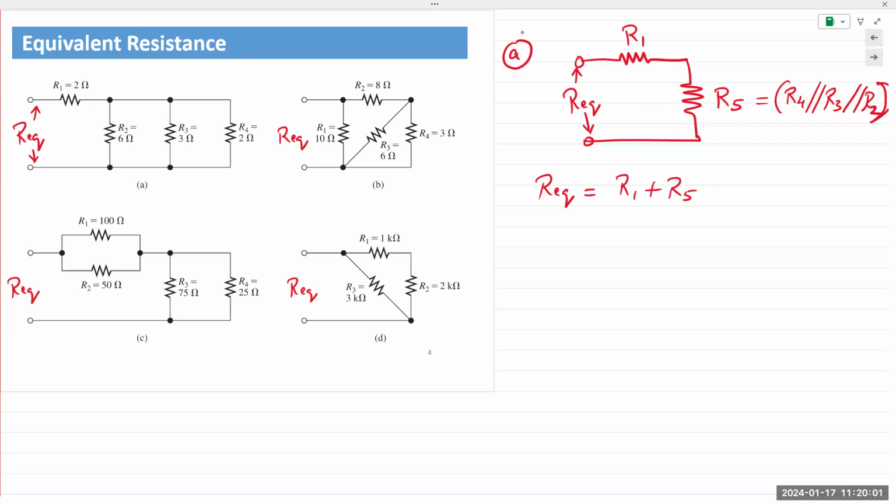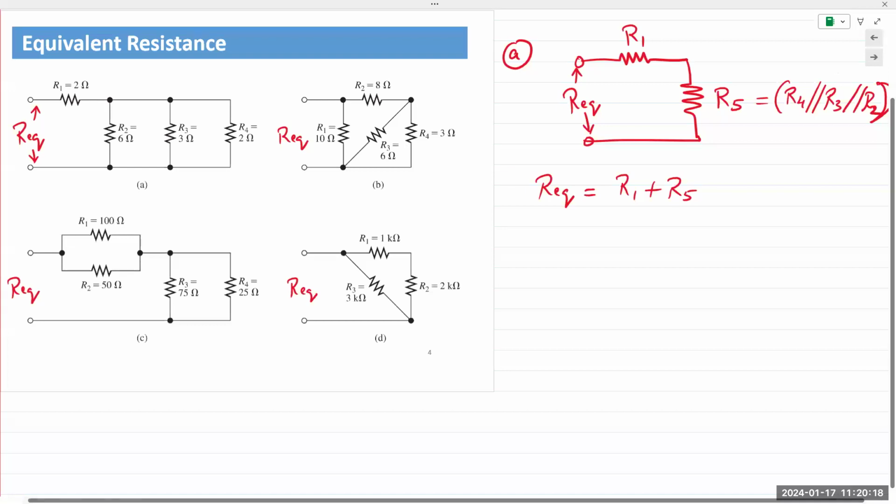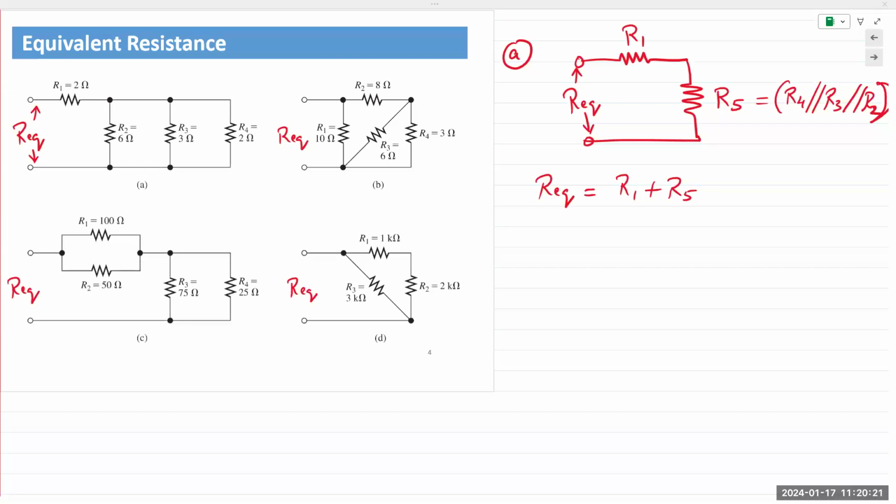The other two are not connected together. Make sense? REQ is equal to R1 plus R5.